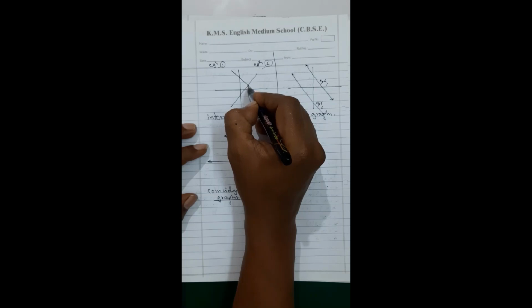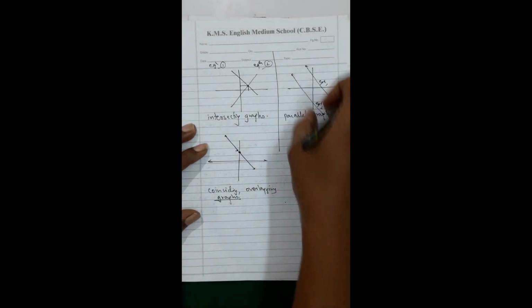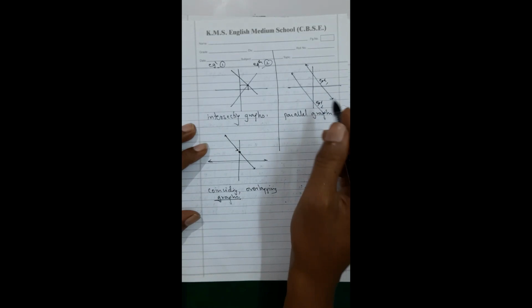Okay, these are the three conditions possible, my dear students. Try to understand the three conditions. Either the graphs will intersect each other at only one point. At that time, this intersecting point is a solution. Or they will be parallel to each other. They will have no intersecting point, so there is no solution.